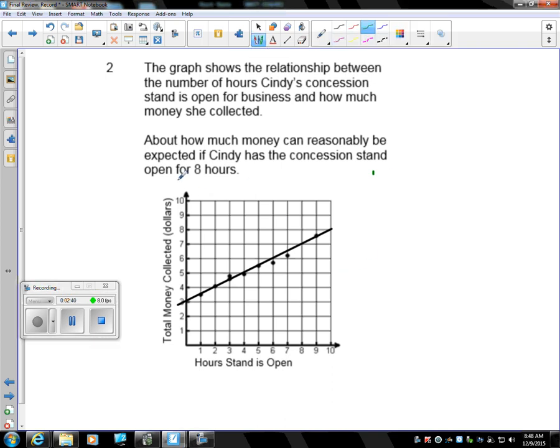It's asking us to predict how much money she would have made if the stand was open 8 hours. So let me go to 8 hours, which is here, go up to my trend line, which is here, and she would have collected about $7. Okay, so that's how you'd work number 2.